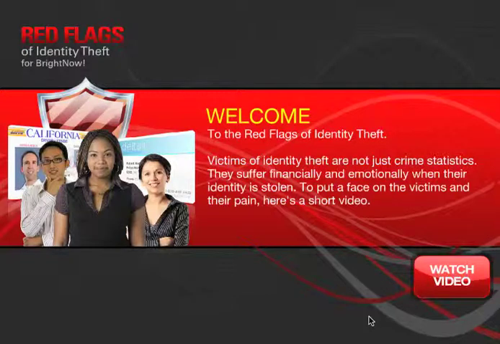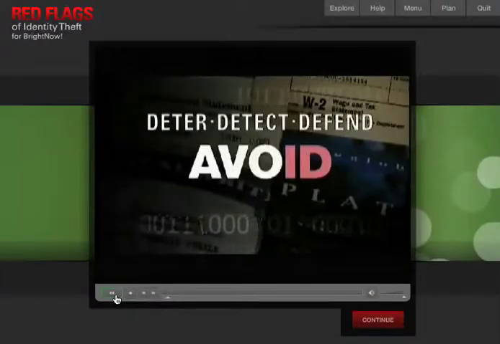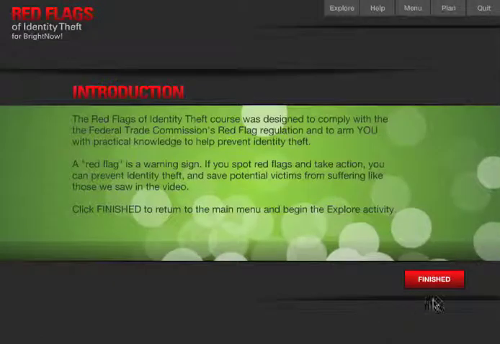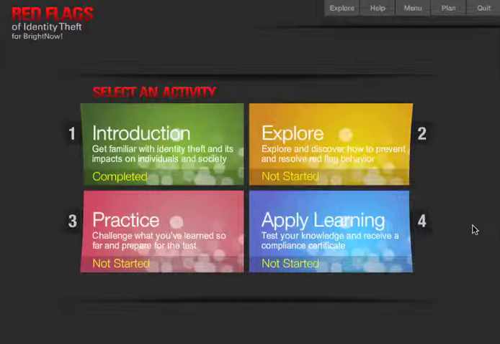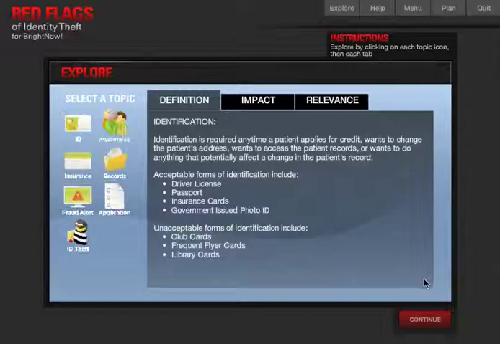The course opens with an introductory video that helps the learner to understand the impacts that identity theft has on customers. After the introduction, the learner has an opportunity to explore the key components of identity theft prevention.